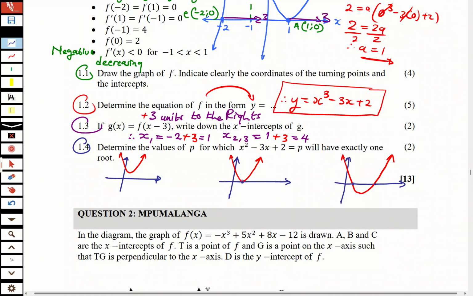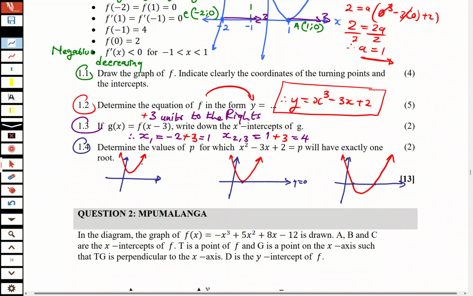You'll have repeating roots. I told you that whenever you have a function that curves like that, up or down, you have repeating roots. Whenever you have a minimum, remember this is a line, y is equal to 0. So whenever you have a line there that just cuts at the minimum or at the turning point, you have repeating roots. So what about here?